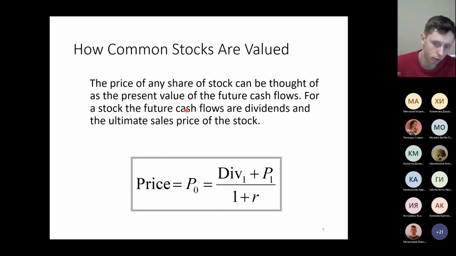Now let's convert the issue and try to understand how we would estimate the stock price itself. The approach here is that it is the present value of the future cash flows. And the cash flows that we would receive can be presented as a combination of the dividend and the price at which we would sell the stock.